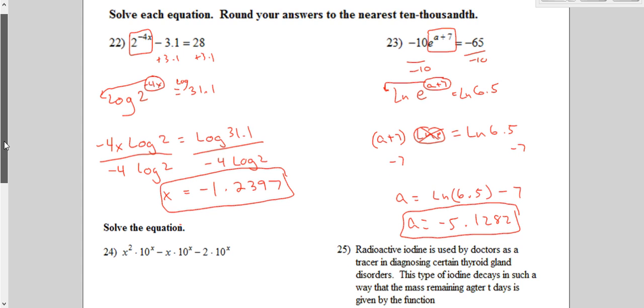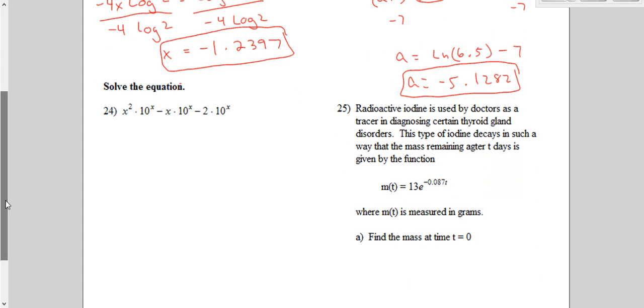All right. Moving on down, looking at number 24, I have to solve that equation. Well, it looks like a mess. But I have to identify where my separations are. I have a minus right here, so that's a minus and a minus. So I have 3 terms here, and each of these 3 terms has a 10 to the x.